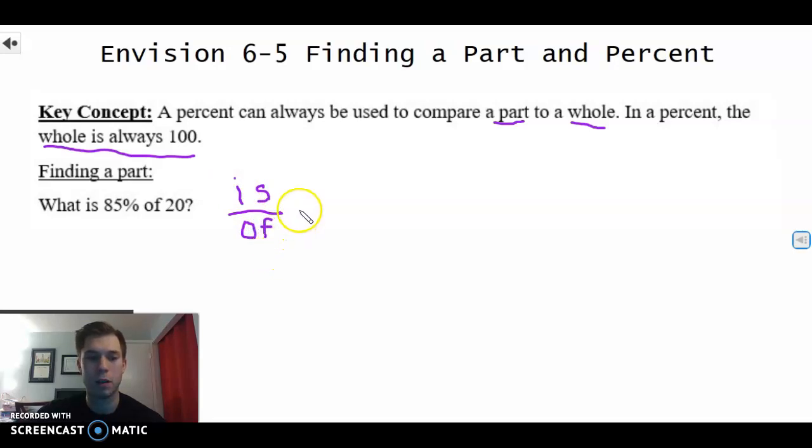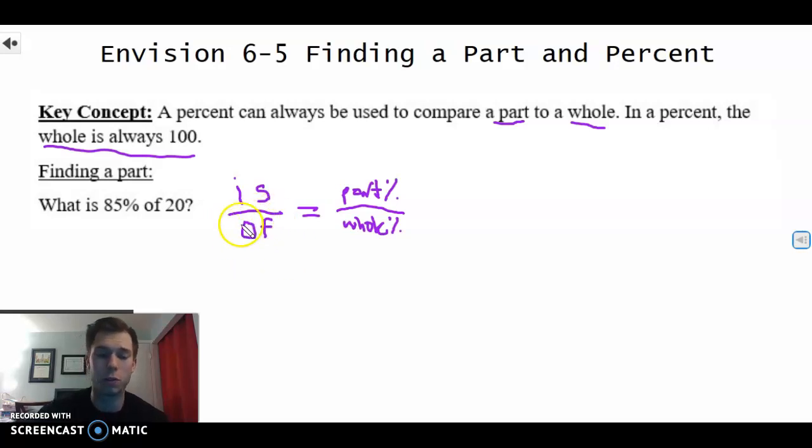And that will equal the part percent, really just the percent over the whole percent. This idea of part and whole. The is will always represent the part, and the of will always represent the whole. So really what you're saying is part over whole.